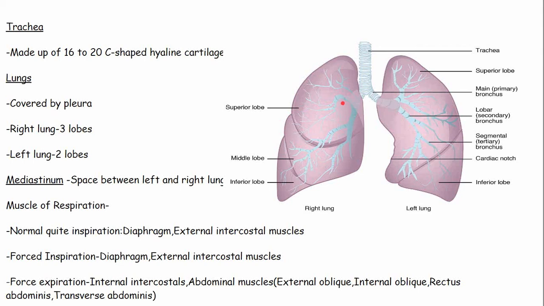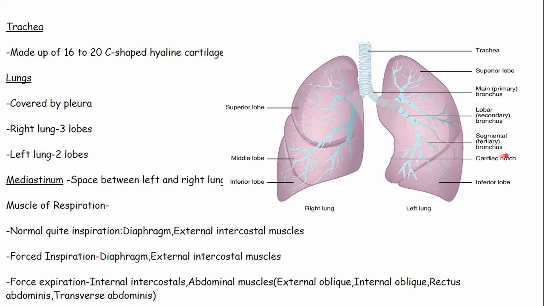The right lung is divided into 3 lobes by 2 fissures: one is the oblique fissure, and this one is the horizontal fissure. In the left lung, you get only one fissure, which is oblique, and it is divided into only 2 lobes. Remember, the right lung has 3 lobes and the left lung has 2 lobes. You can make some mnemonics by yourself.